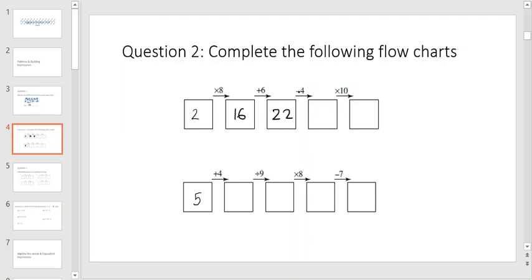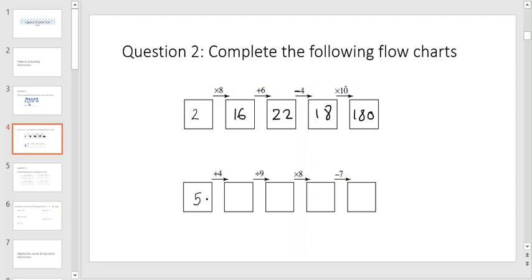And then 22, that's a take away 4. Well, 22 take away 4 leaves me with 18. And then 18 times 10, all I've got to do is write down 18 and add the 0. I get my 180. And that's how I've completed the flowchart, by starting with my 2 and continuing with the operations.